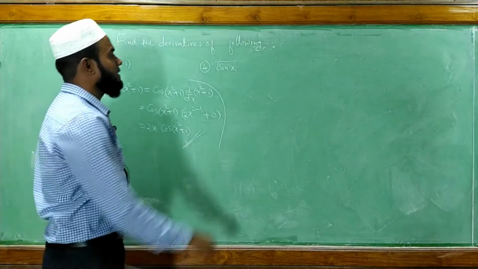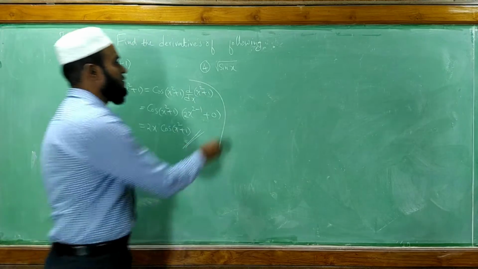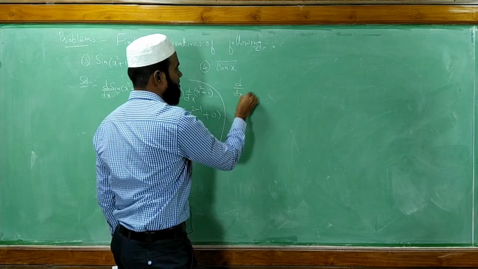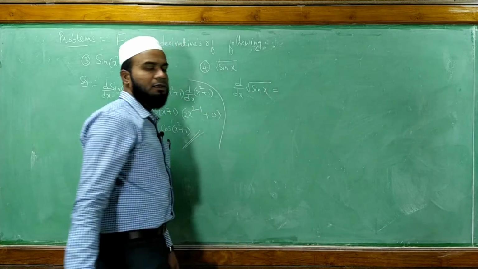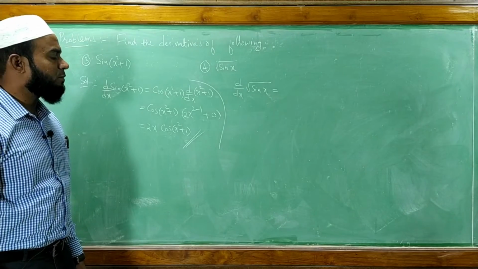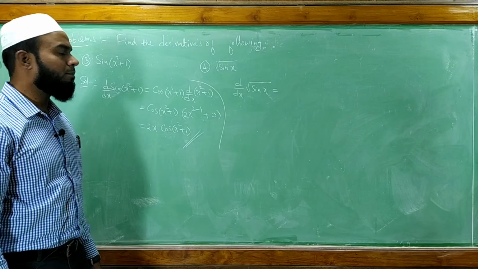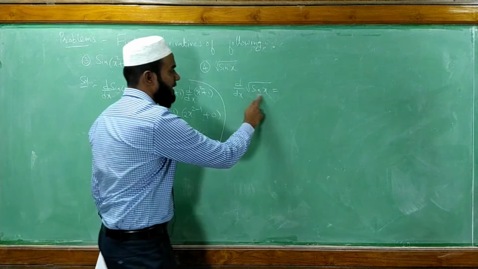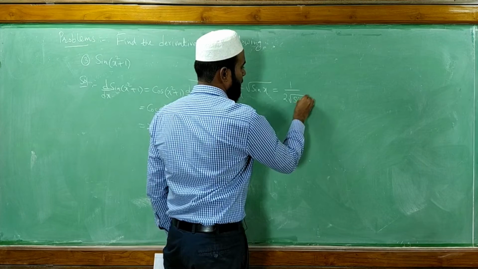The next problem is we have to find the derivative of root sine x. So d by dx of root sine x. Already from the standard formula we know that d by dx of root x is 1 by 2 root x, but in place of x we are having sine x. So 1 by 2 root sine x.